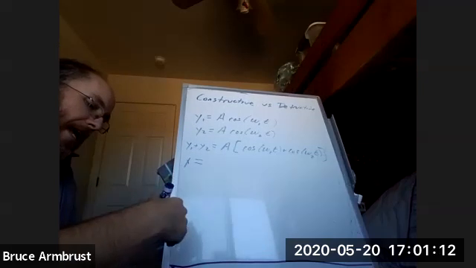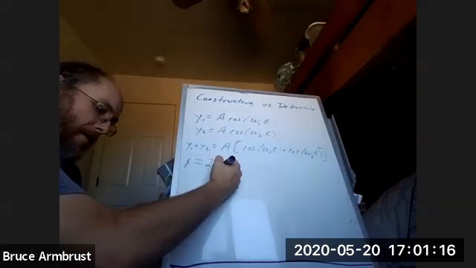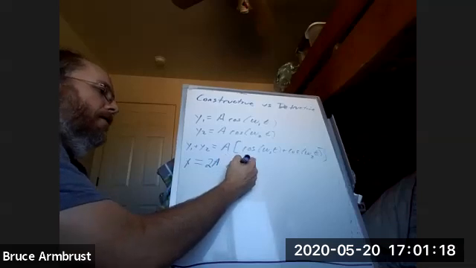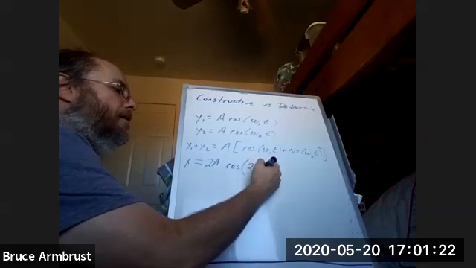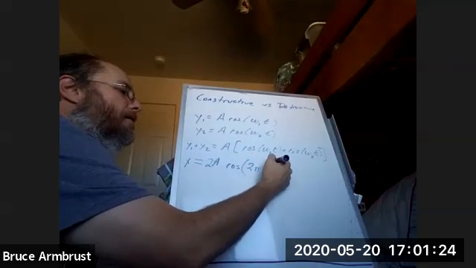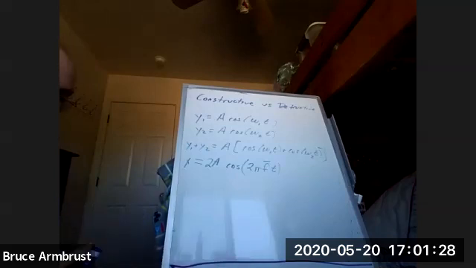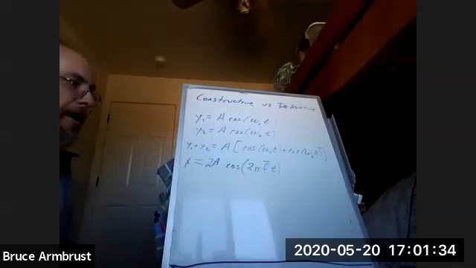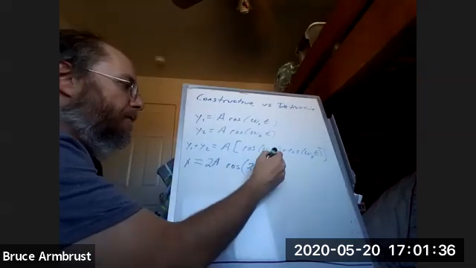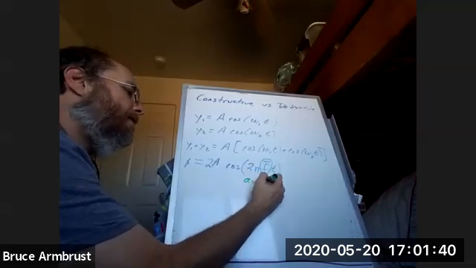So you're going to get 2a times the cosine of f bar times t, and f bar, whenever I put a bar on top, I mean average. So this is your average frequency.